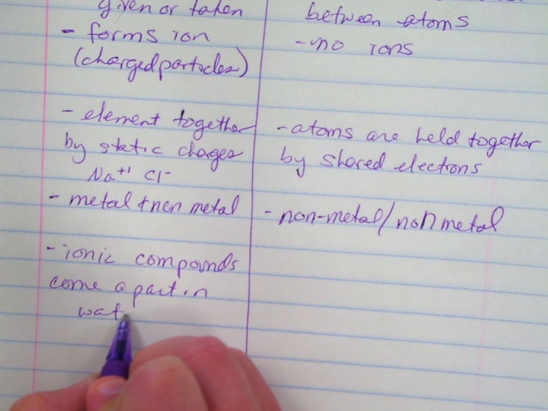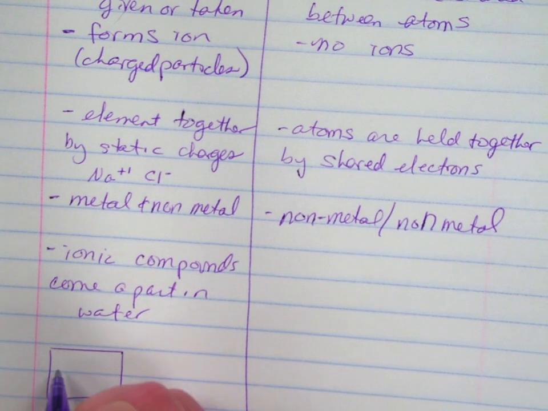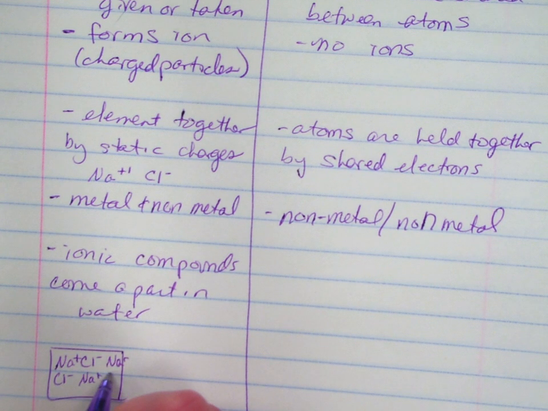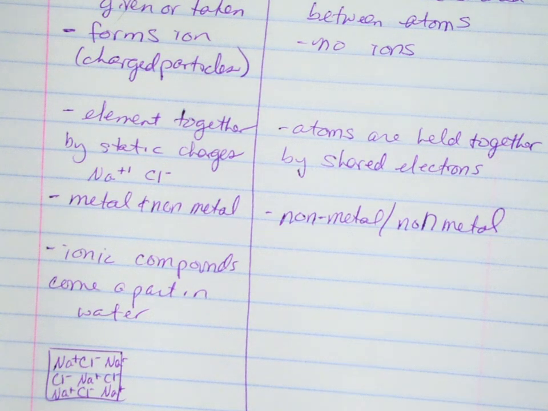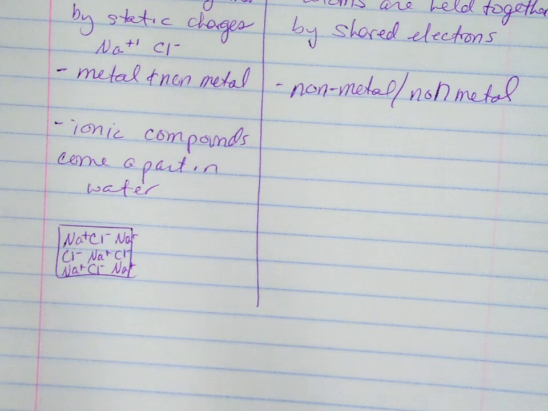And so if I have a block of salt, I have positives and negatives all lined up together in this nice little matrix pattern where the positives are attracted to the negatives. And we have it held together in a nice little block of solid salt.